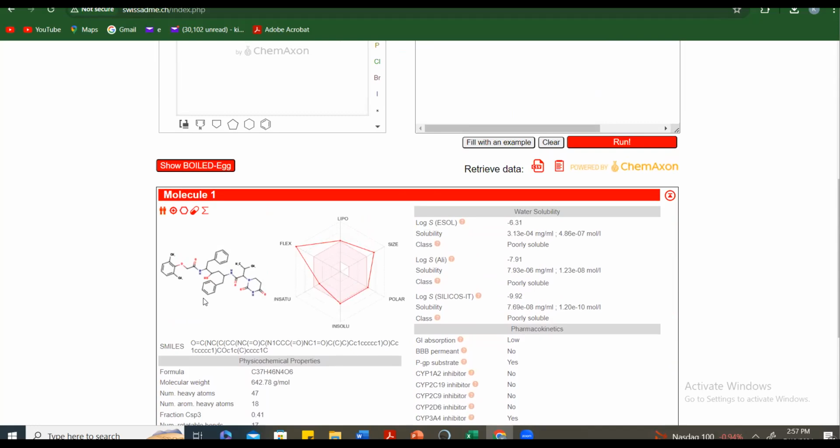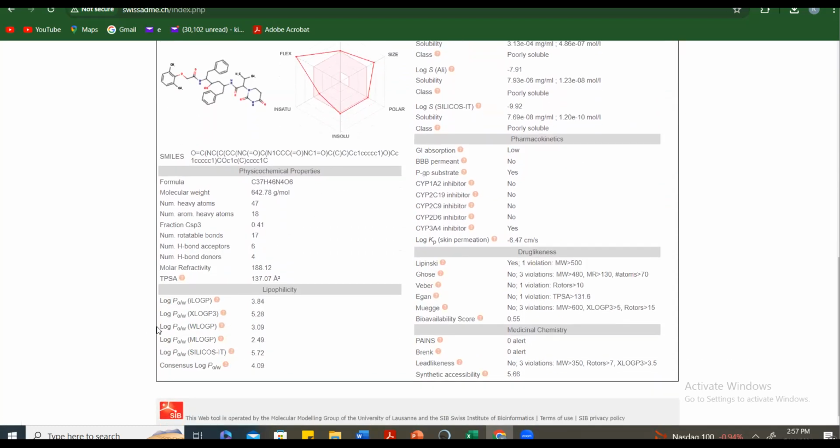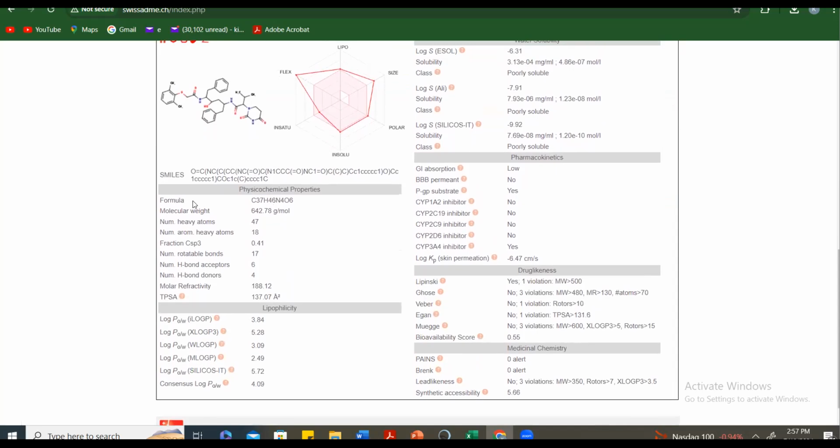It's giving us properties of this drug. Let's first go to this. This is the formula of this drug. This is the molecular weight. If you have been taking the course, you should know what molecular weight means, right? It's giving us the number of hydrogen bonds. These are just physical properties of the drug.